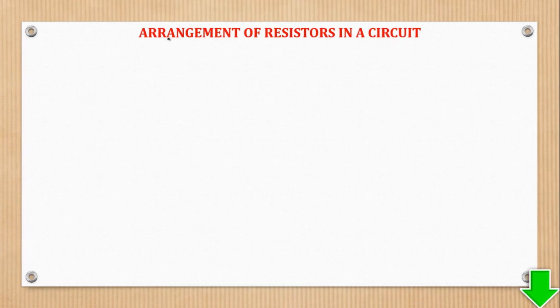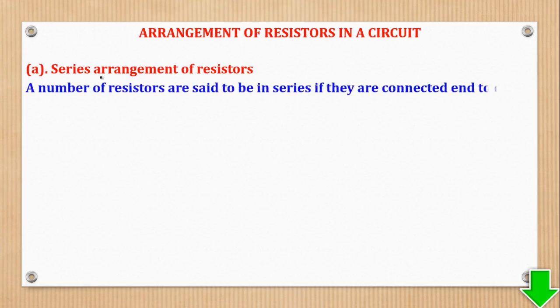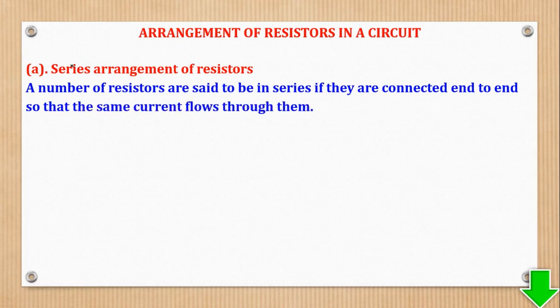Now we shall go to our main part, which is arrangement of resistors in a circuit. Just like we saw under capacitors, resistors can also be arranged either in series or in parallel. So let's start with series arrangement of resistors. A number of resistors are said to be in series if they are connected end to end so that the same current flows through them.